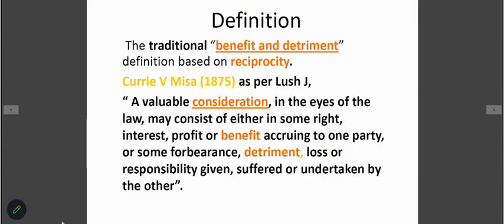Okay, the definition I already told you. So here is more in-depth. It says that a valuable consideration in the eye of the law may consist of either some right, interest, benefit, or profit accruing to one party, or some forbearance, detriment, loss, or responsibility given, suffered, and undertaken.